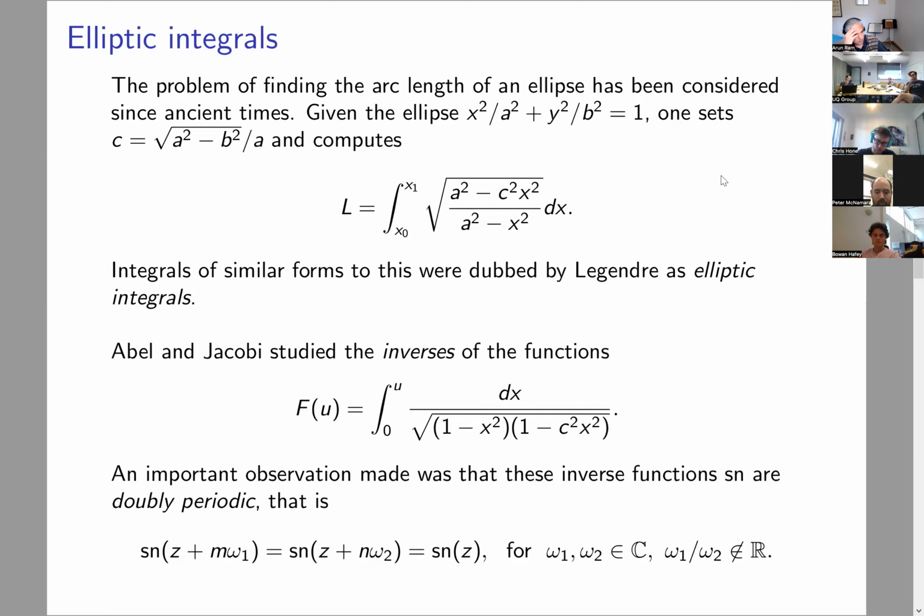This is deduced from the usual arc length formula, the square root of 1 plus the derivative of f squared. You take the upper half, so y becomes a function of x, you plug that in, do some nice rearranging, and you get an arc length formula like this. This is fairly resistant to standard methods of integration. It does not have an expression using the so-called elementary functions. It's a very different sort of gadget.